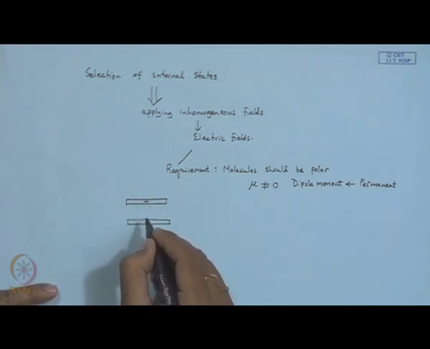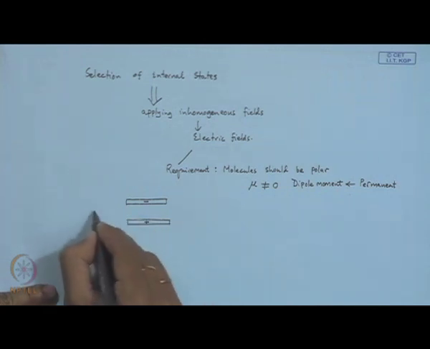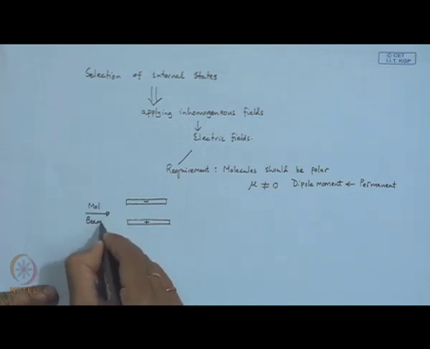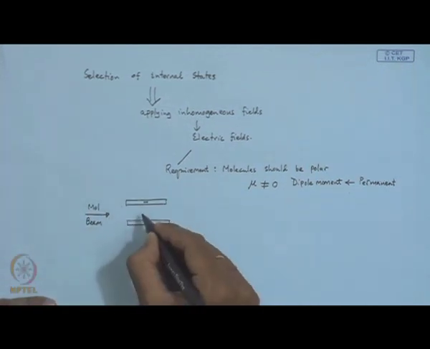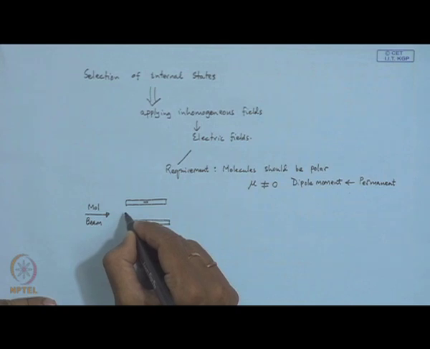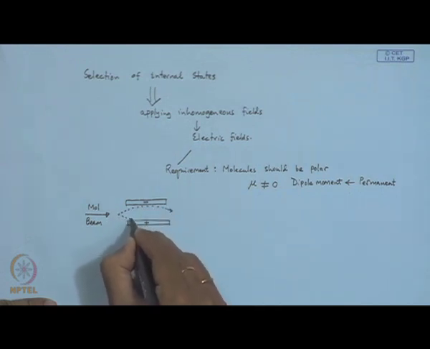From this side your molecular beam is coming, a molecular beam containing polar molecules. So what will happen is that this cold molecular beam will tend to be deflected this way.